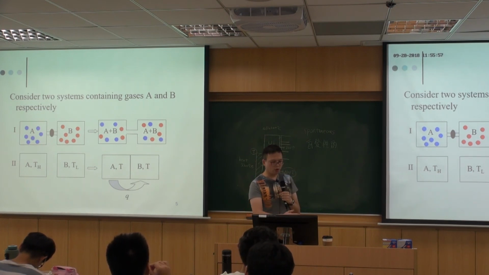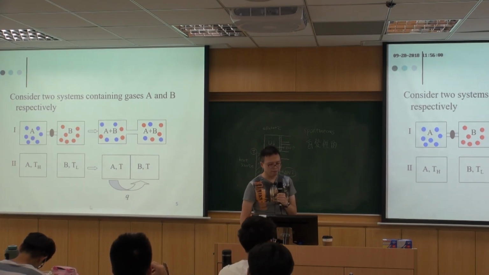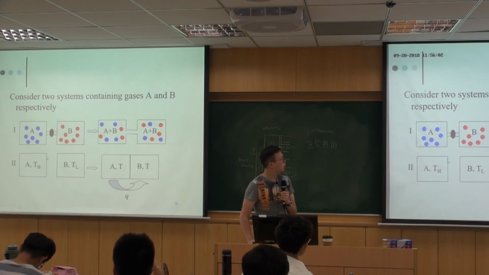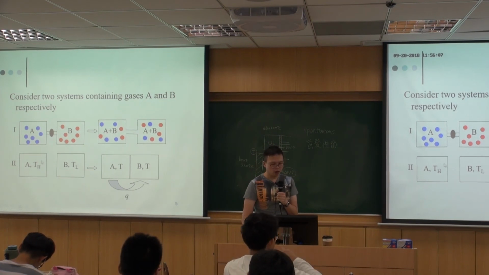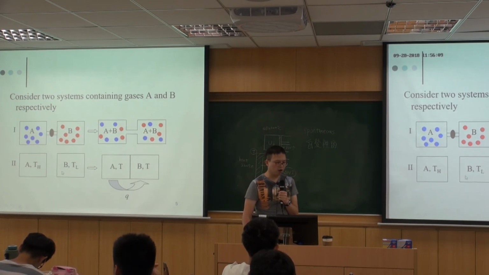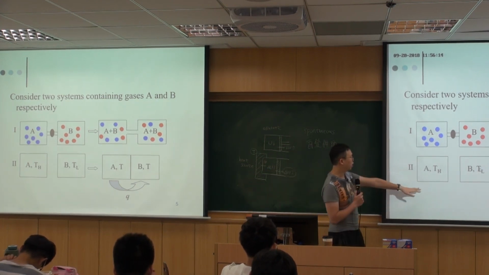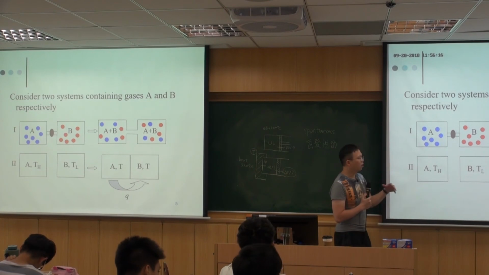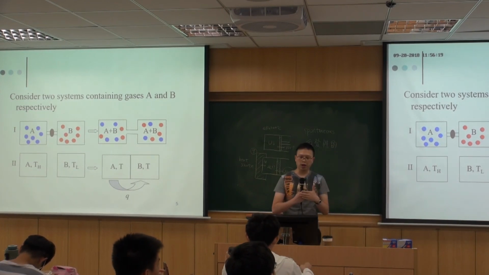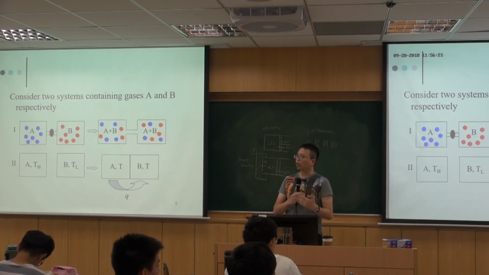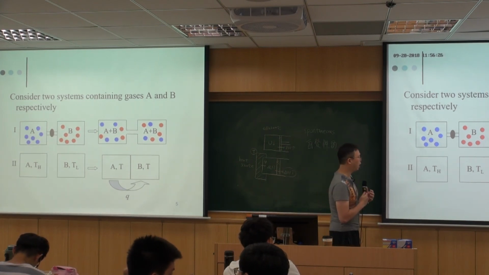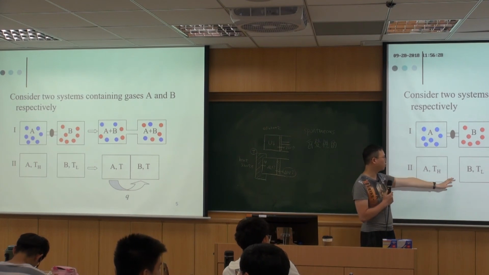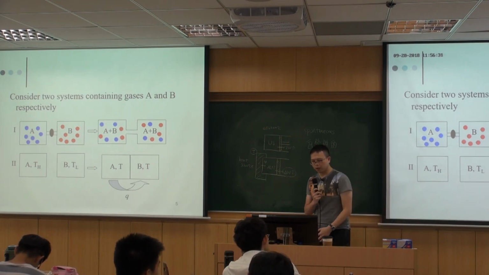And of course, there's a different kind of equilibrium, which is what we defined for the zeroth law, when two systems have different temperatures. So originally, this one has a lower temperature, this one is higher, and when they are in contact with each other and allowed to transfer energy, then heat will flow from the high temperature part to the low temperature part.